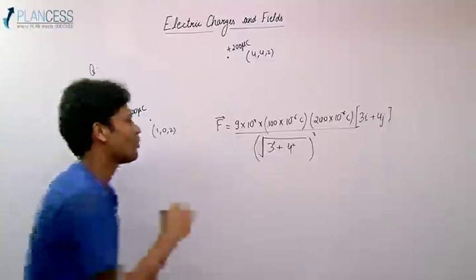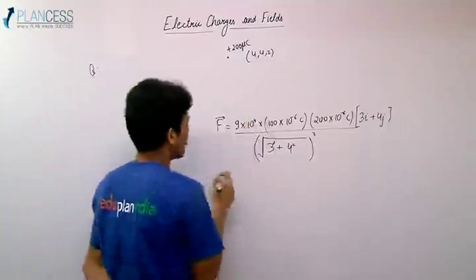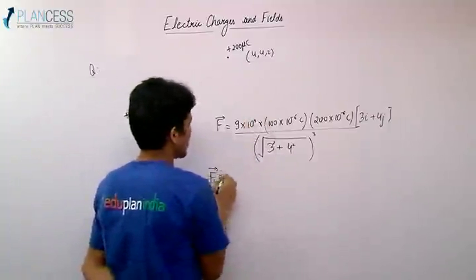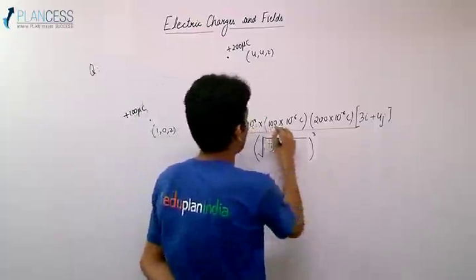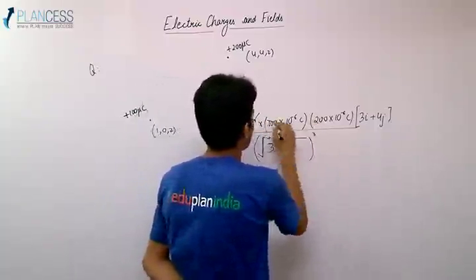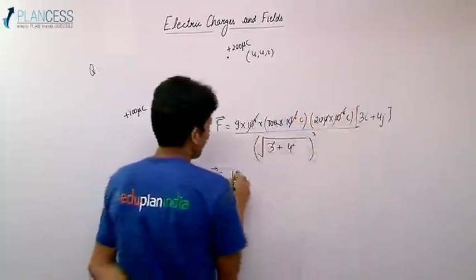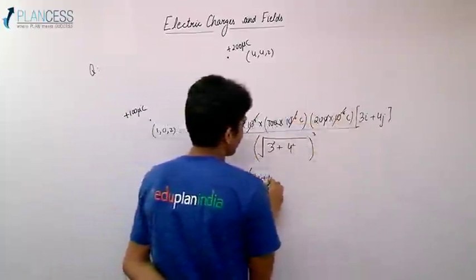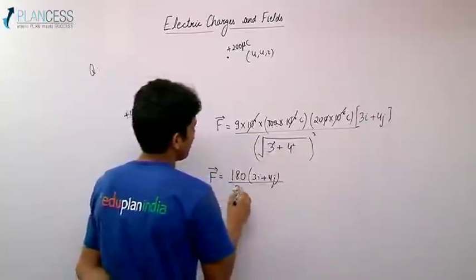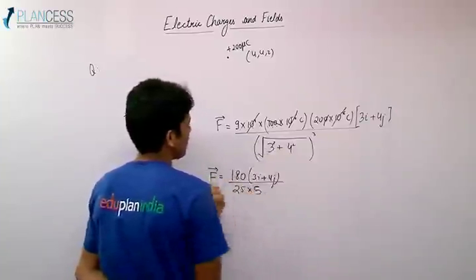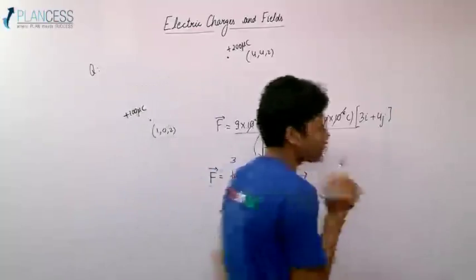So this is the formula for the force exerted by the plus 100 microcoulomb charge on the plus 200 microcoulomb charge. This whole thing gets cancelled out and we are left with 180 into 3 cap plus 4 cap whole divided by 5 cubed, which is 125. Okay, the calculations you can do next.